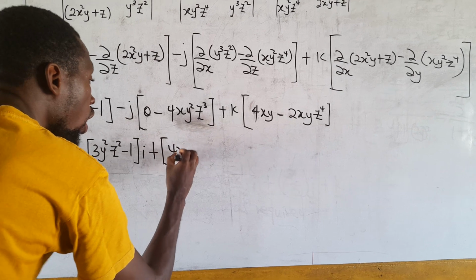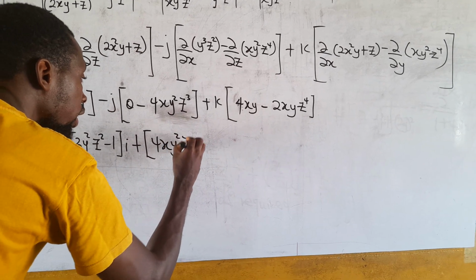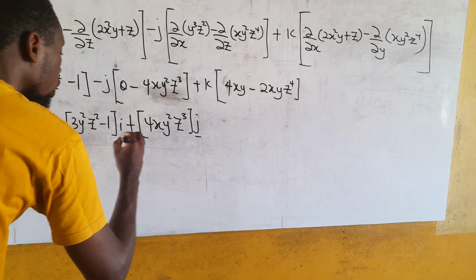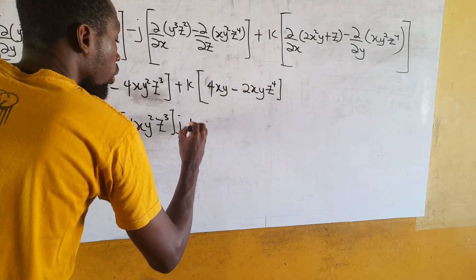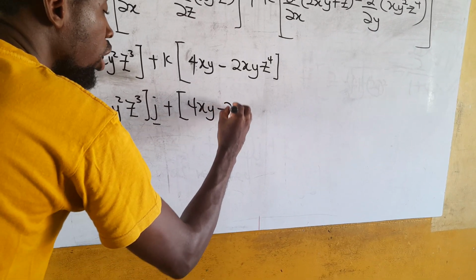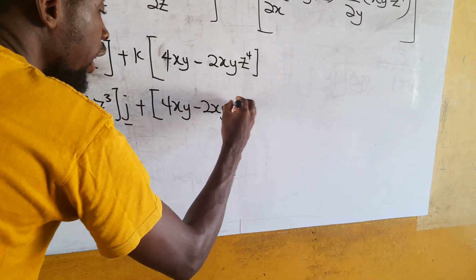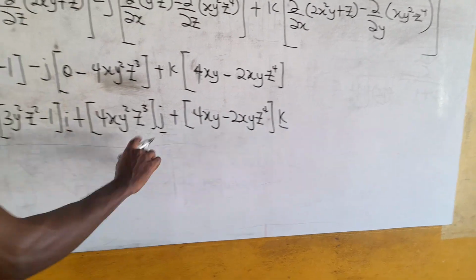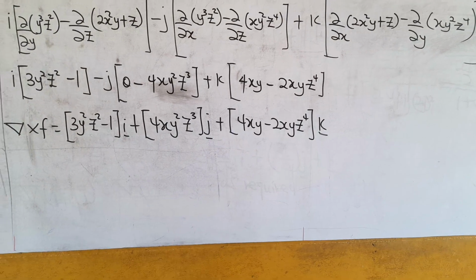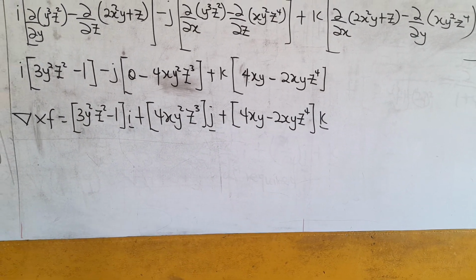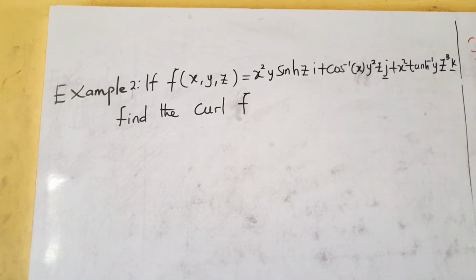So we say plus 4x y squared z cubed in the j direction. Then plus 4xy minus 2xy z to the power 4 in the k direction. Then this becomes the cross product between the vector differential operator and the vector field. So we solve our second example on this.